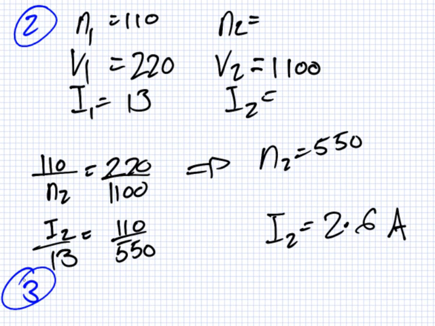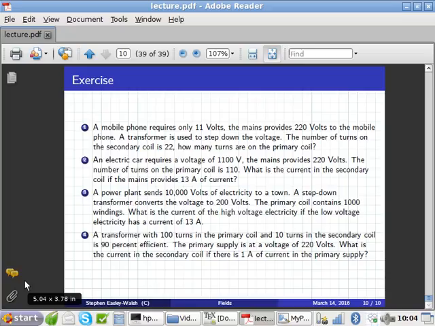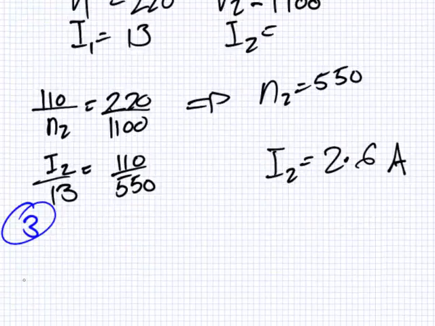Okay, so number 3. A power plant sends 10,000 volts of electricity to a town and a step-down transformer converts it to 200 volts. The primary coil contains 1,000 windings. What is the current of the high voltage electricity if the low voltage electricity has a current of 13 amps?